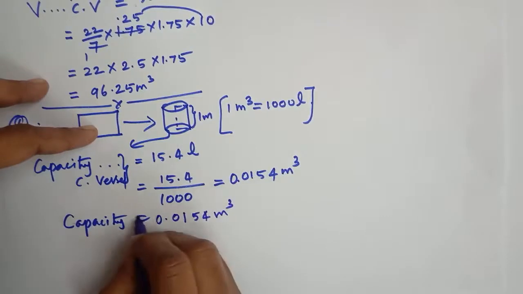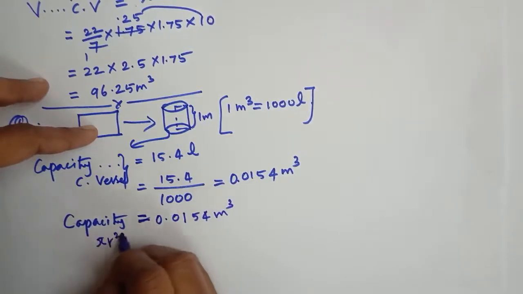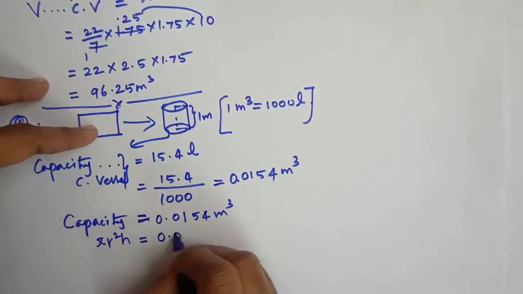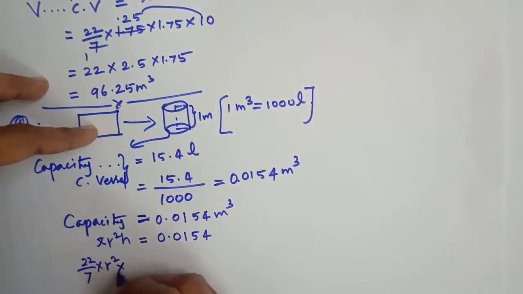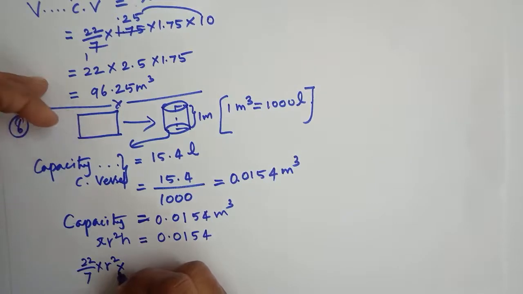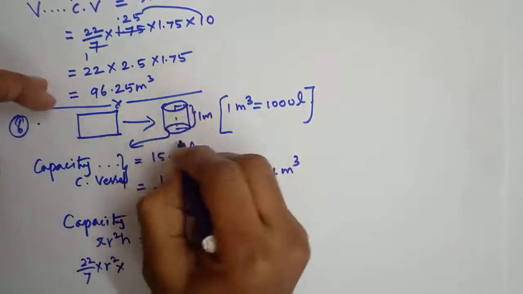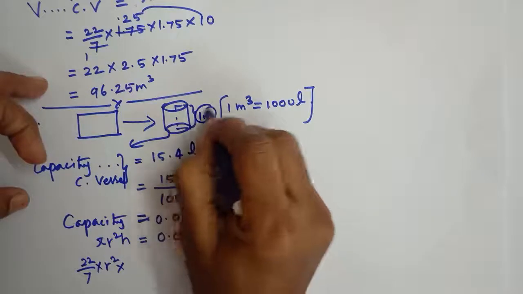So what is the formula of capacity? Pi r square h is equal to 0.0154. Then 22 by 7 into r squared into h is equal to 0.0154. Already we have been given h is equal to 1 meter.